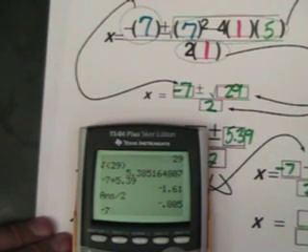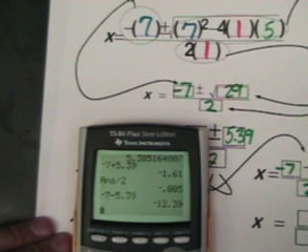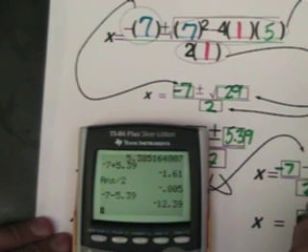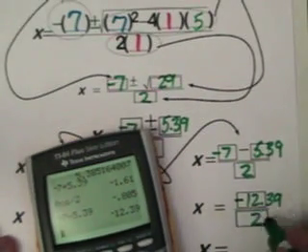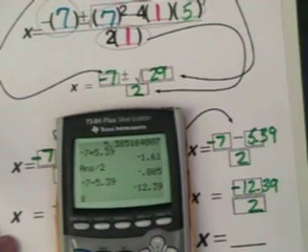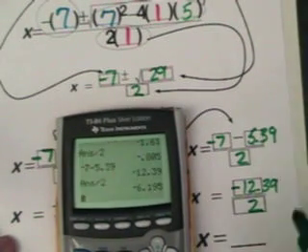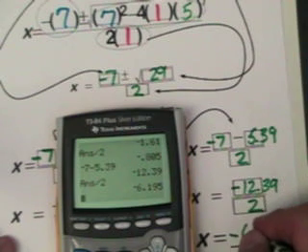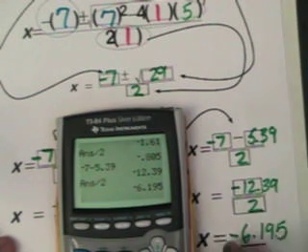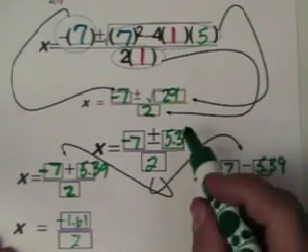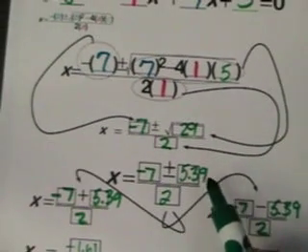Negative 7 minus 5.39 is negative 12.39 divided by 2. Negative 6.195. Now, if you have a negative number under the square root, you won't be able to do it.